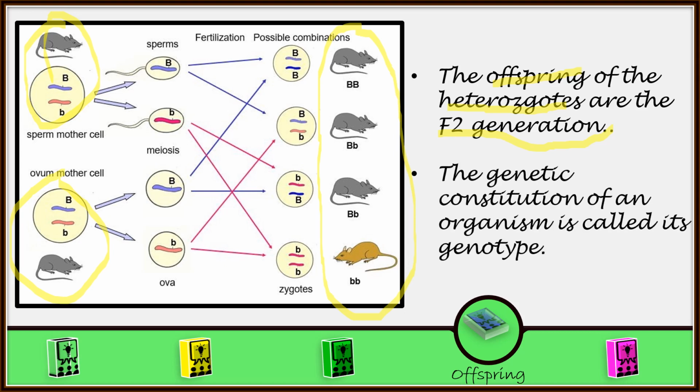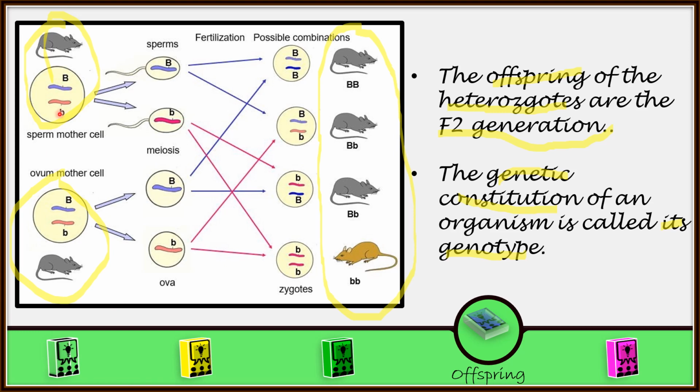The genetic constitution of an organism is called its genotype. So here, for the heterozygotes, this is their genotype, capital B, small b.